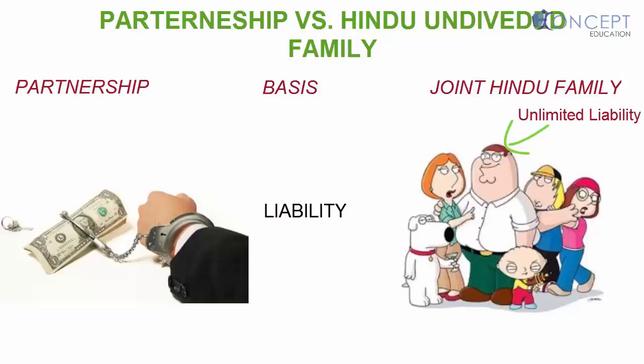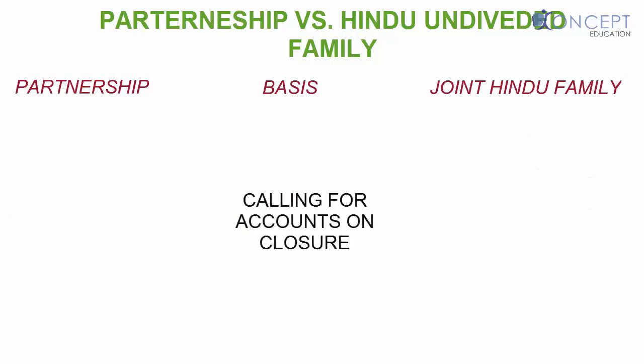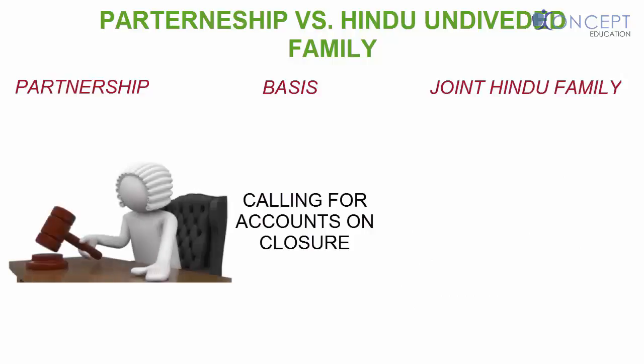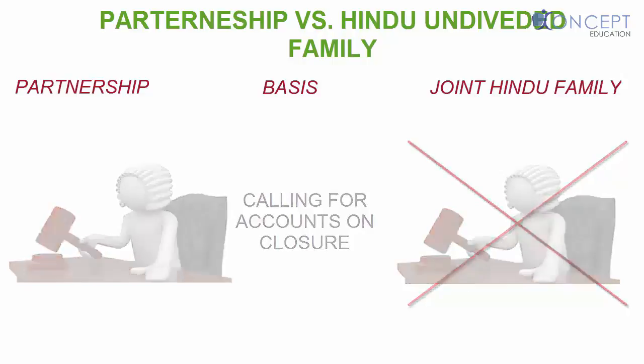So they don't have unlimited liabilities. Calling for the accounts on the closure. A partner can bring a suit against the firm for accounts provided he seeks the dissolution of the firm. On the separation of a joint family, a member is not entitled to ask for the accounts of the family business.